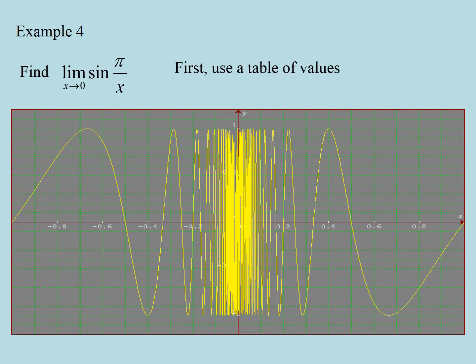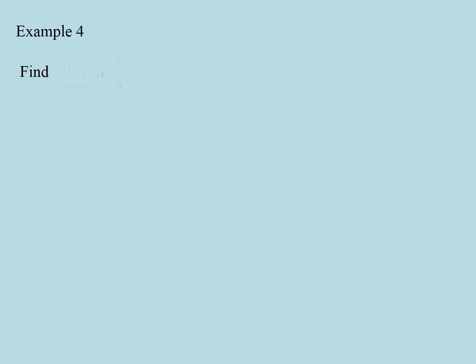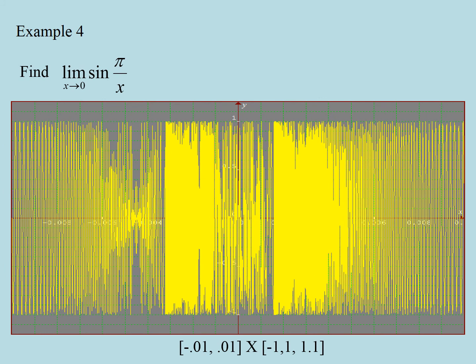Let's look at this limit graphically. Here, we can't really tell what's going on, so let's zoom in a little and see what's going on with that limit. And again, this doesn't help whatsoever. But if we analyze this function a little bit, we would see that sine of pi over x as x approaches 0 would just be oscillating infinitely as we get closer to 0 from the right side, and it's infinitely oscillating as x approaches 0 from the left side.